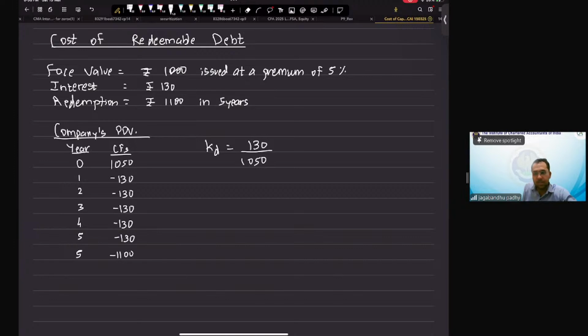No, it's not. Because first up, I need to calculate what is the cost in rupee terms, or rather, what is the cost per annum.